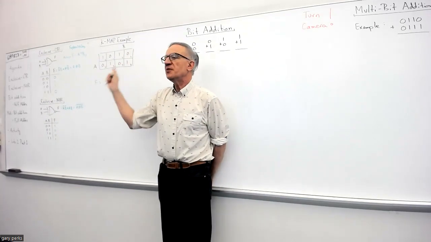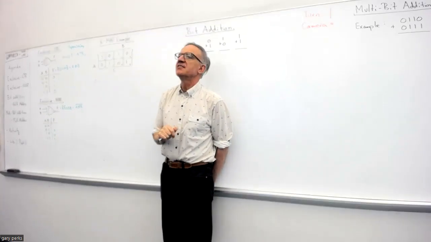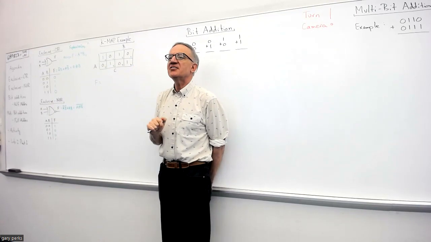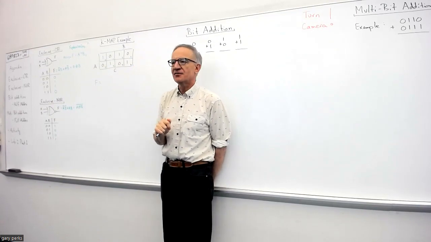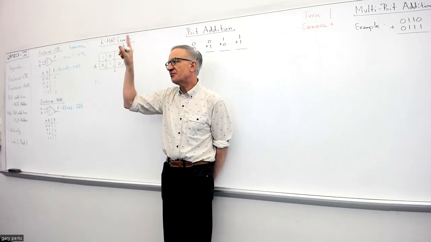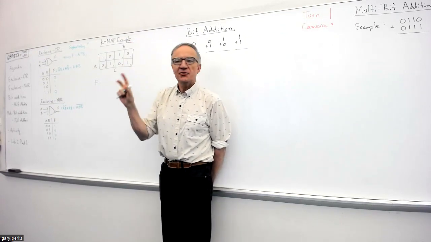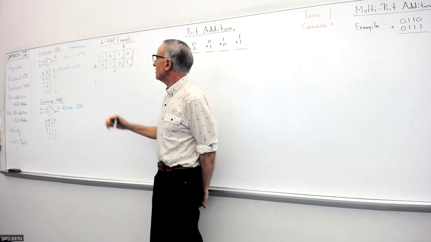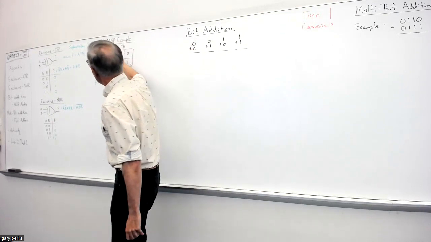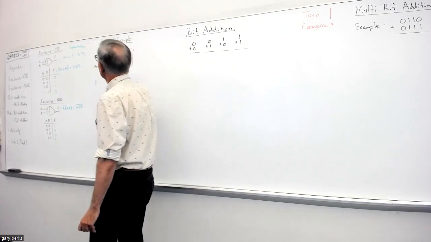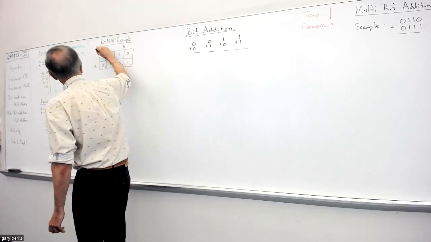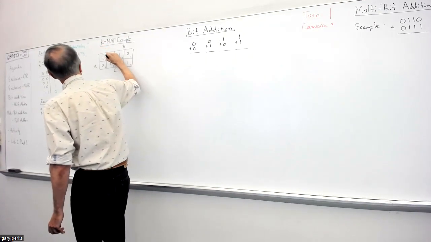Did we group any of these ones? Can we make groups that are diagonal in a K-map? What are the only shapes you can have for your groups in a K-map? Yeah, squares or rectangles. So we cannot do diagonal. These are just going to be single groups. That's all we can do.